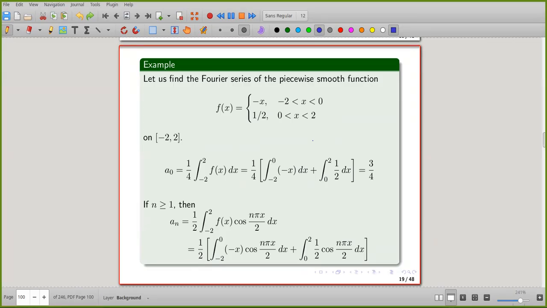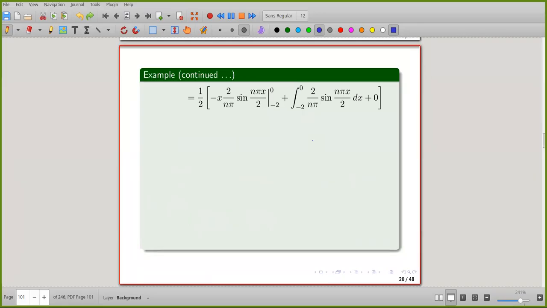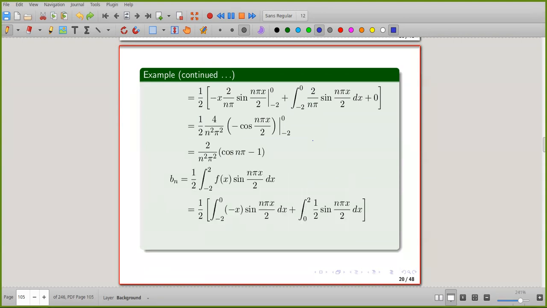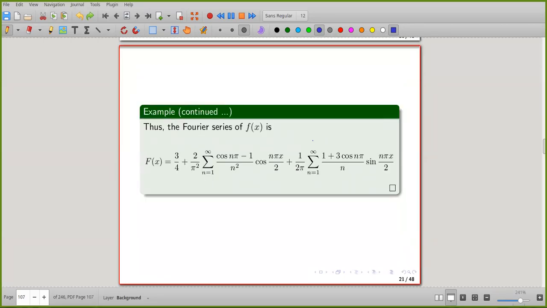That's also going to be a simple computation. Let me omit the computation. So this is going to be the value of the a_ns. And similarly, we can compute the b_ns. So this is the value of the b_ns. Great. And therefore the Fourier series of f of x is this thing. So these are the coefficients.